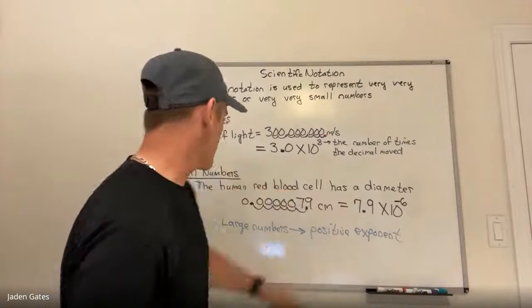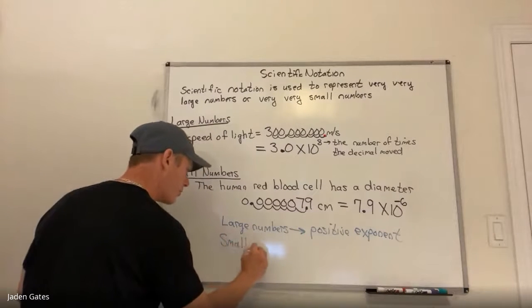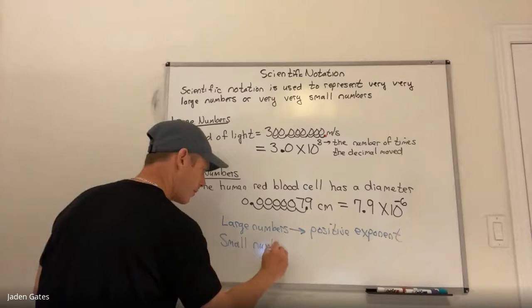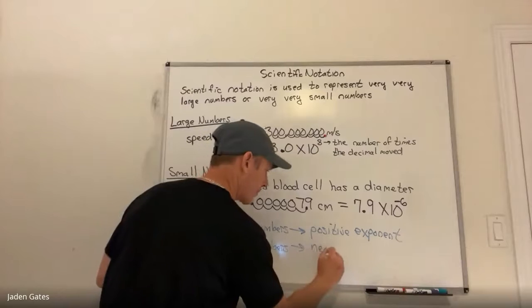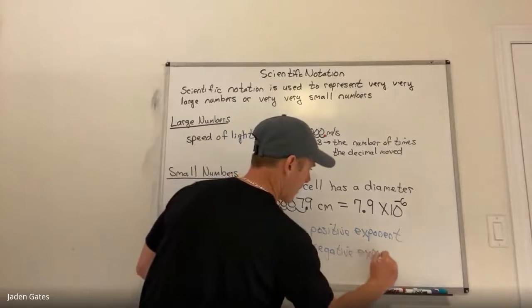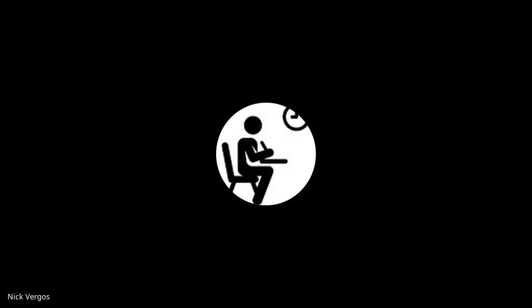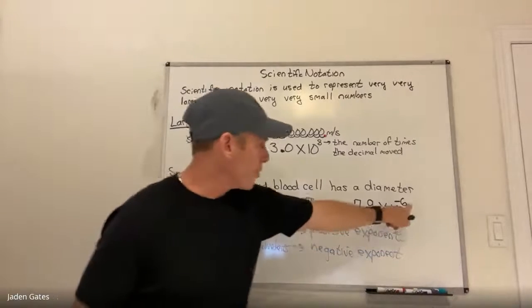We've got a positive exponent. And the opposite is true. When you're dealing with these really small numbers, go the opposite way. It's going to be a negative exponent. Like when it starts off as a small number? Starts off as a small number. That means the exponent's going to be negative.